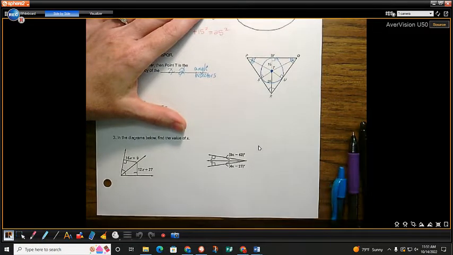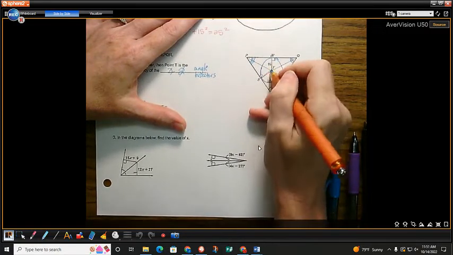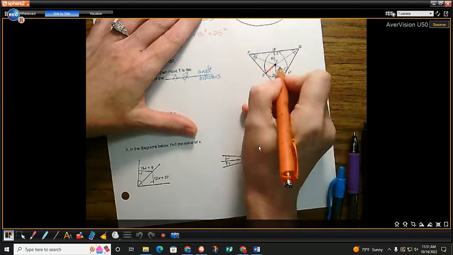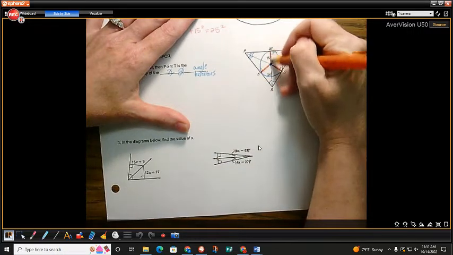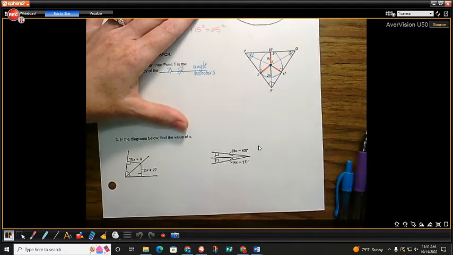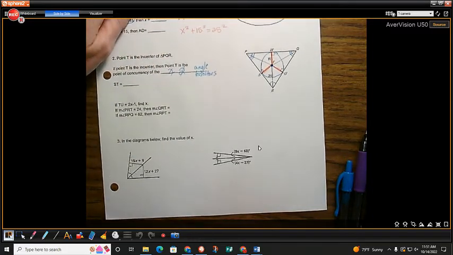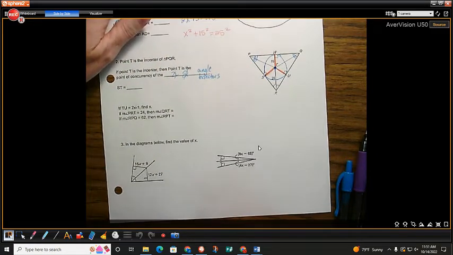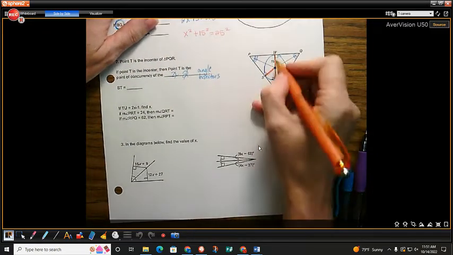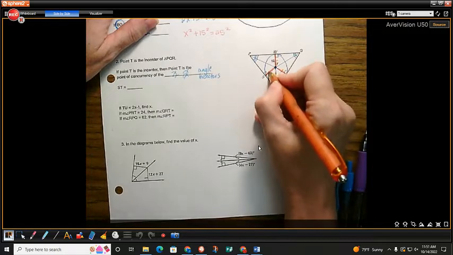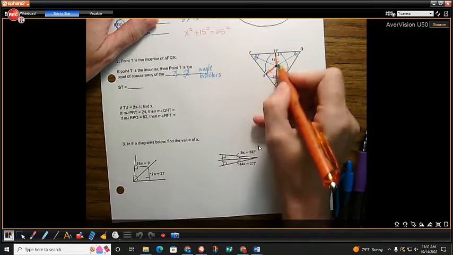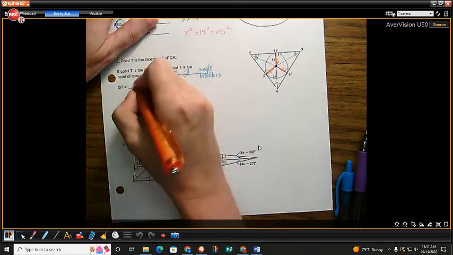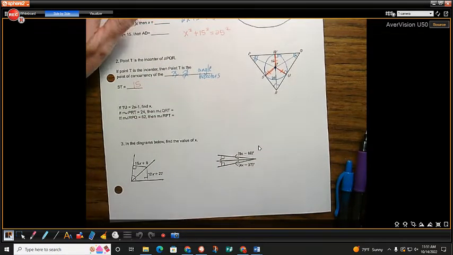And that circle inside has radii that go out to the edge of the circle where it touches the triangle. What's going to be true about all those radii? All the radii are congruent. And WT is 15. So how big will ST be? See how that's going to work?